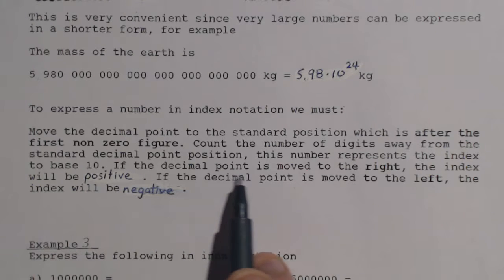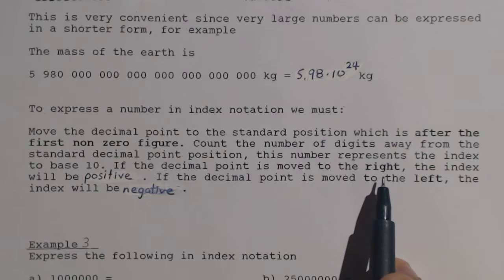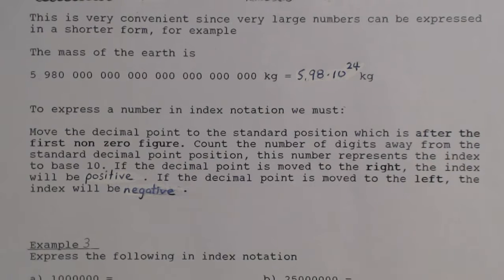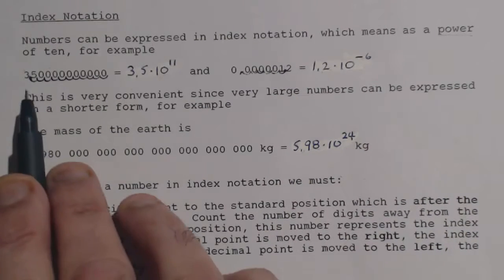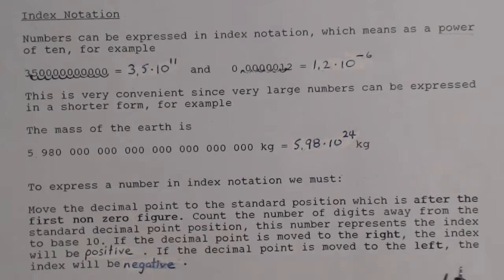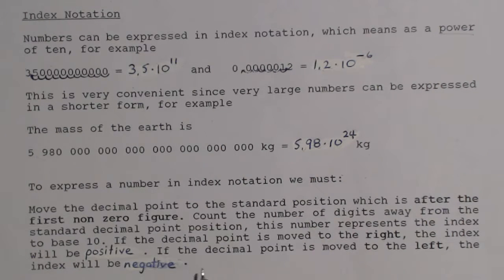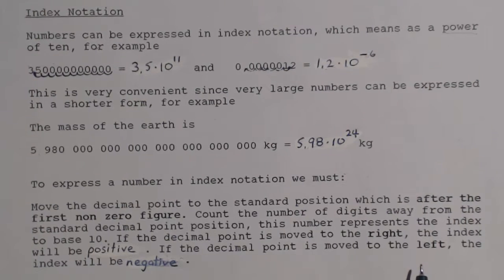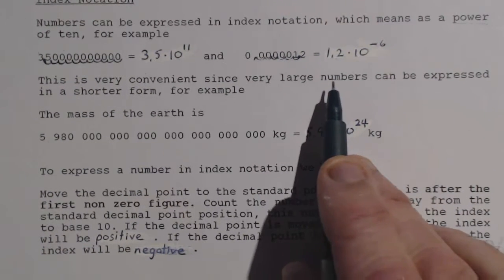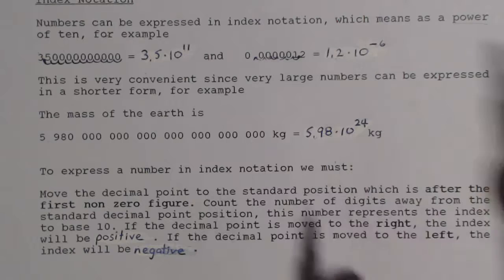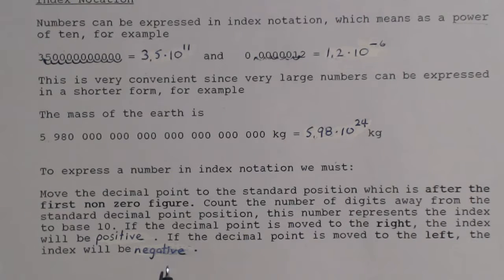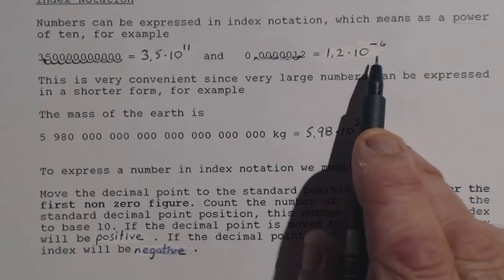Now, if the decimal point is moved to the right, as we did here, the index will be positive. If the decimal point is moved to the left, for example, here, the index will be negative. You can see the index was negative.